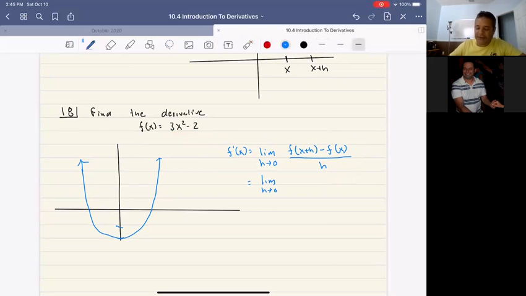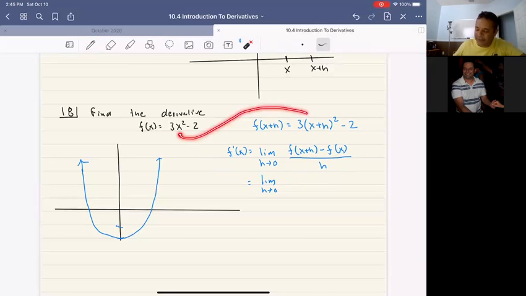We're good there. Now let me write out f of x plus h. F of x plus h is 3 times x plus h squared minus 2. So all we're doing is where we see this x, we're going to replace it by x plus h.